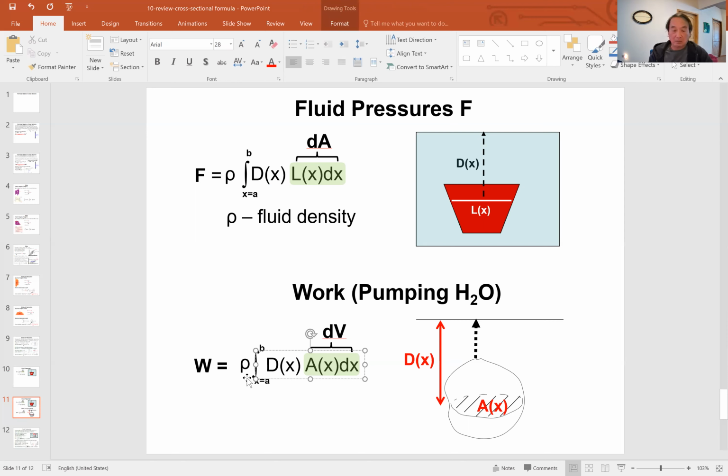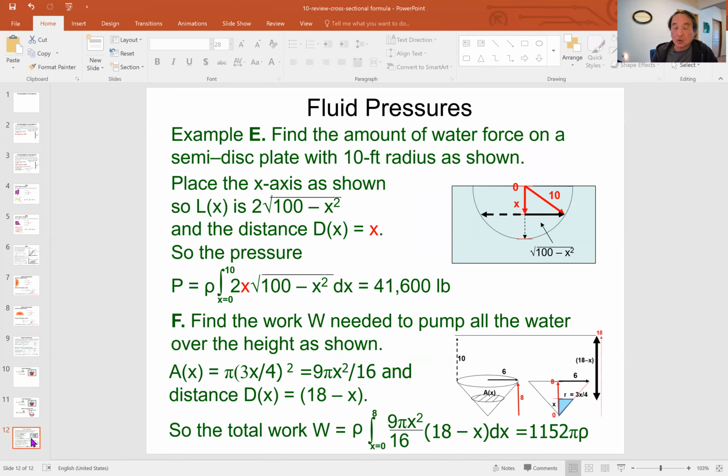So rho times the dV is the weight of that slab. The weight of that slab times the distance you're going to travel is the work needed for that slab of water. Then we add them up, which is the integral.